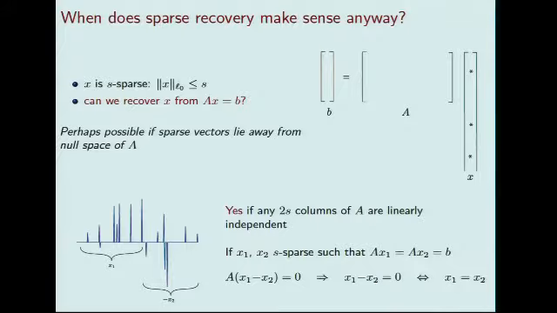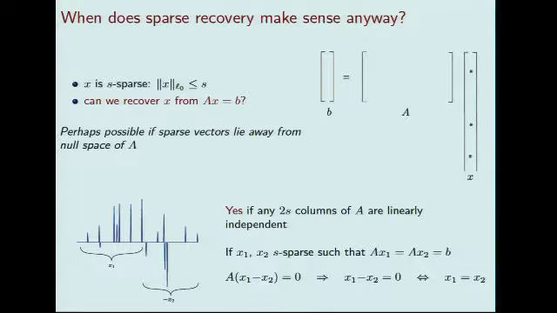But X1 is S sparse, has S non-zero coefficients. X2 also has S non-zero coefficients. So X1 minus X2 has at most two S non-zero coefficients. And so A of X1 minus X2 is 0, but this is a linear combination of two S columns of A at most, maybe less.